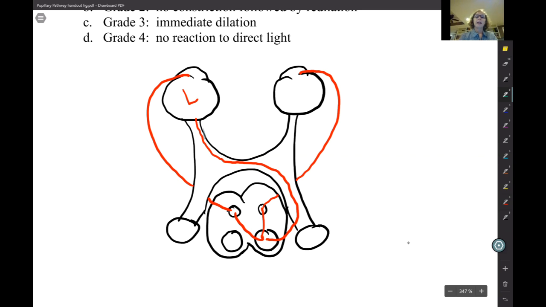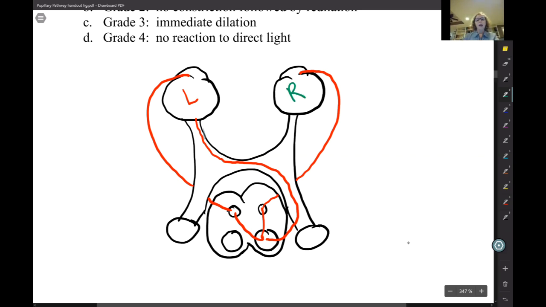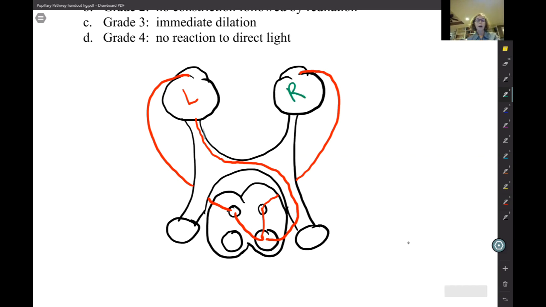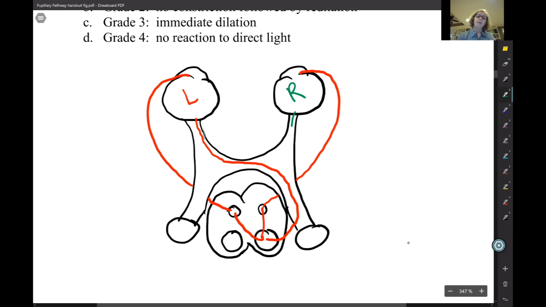If we shine a light in the right eye, and I'm going to draw the temporal fibers here only so that they go to the same pretectal nucleus. So we'll have the fibers then go through the optic nerve, through the chiasm, through the brachium of the superior colliculus to the pretectal nucleus.